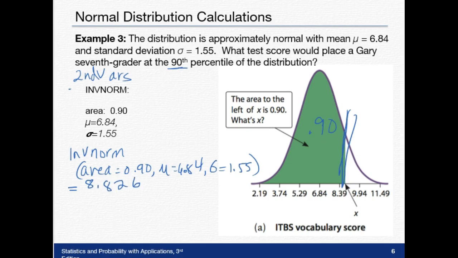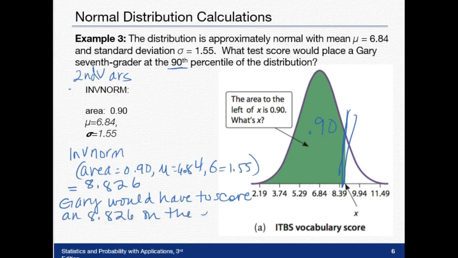Now I have to put a sentence in context. So I would say Gary would have to score an 8.826 on the exam to be placed at the 90th percentile.